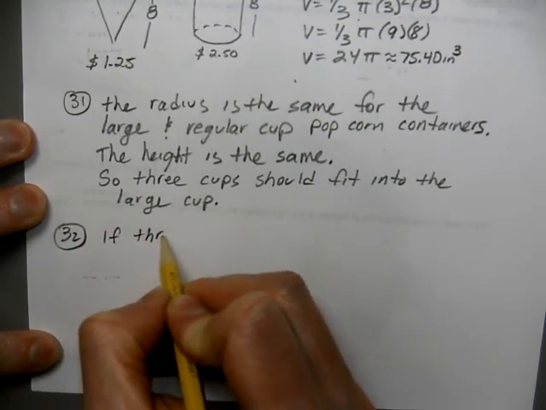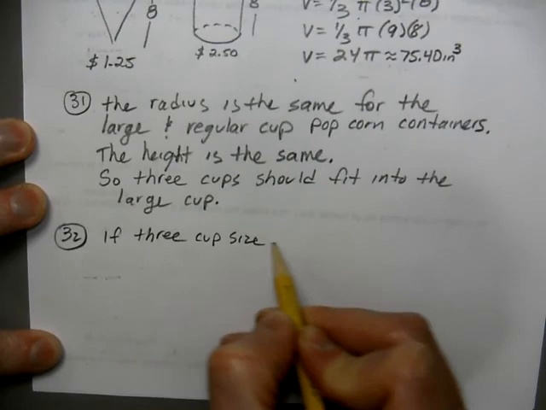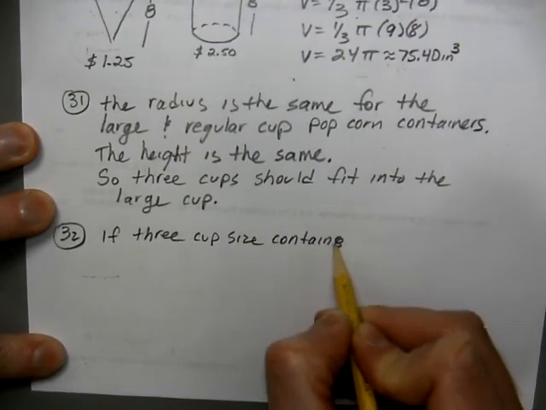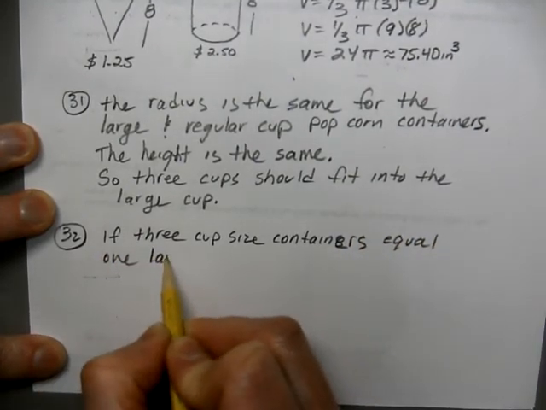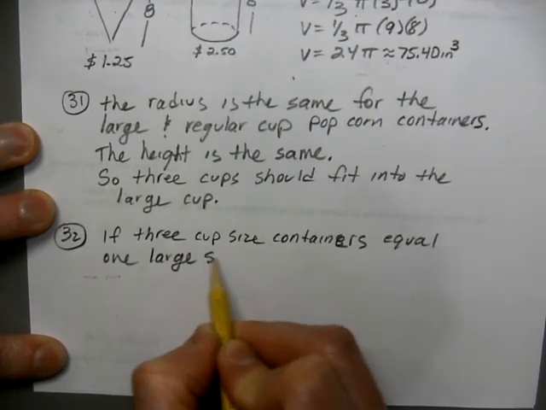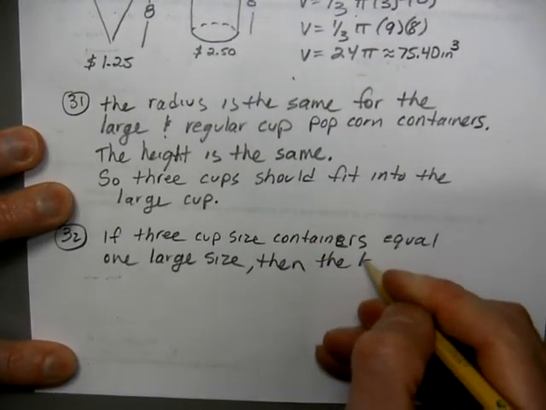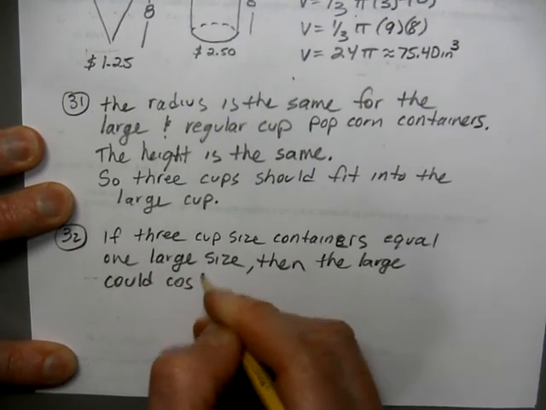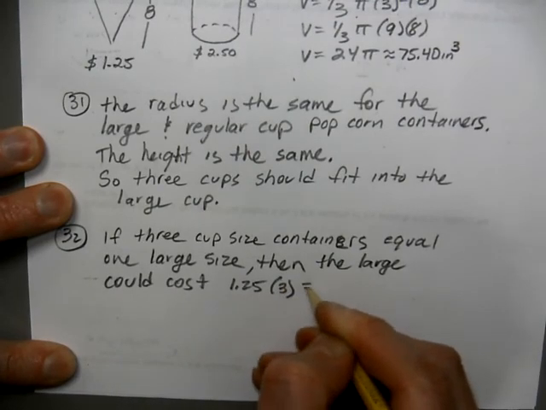If 3 cup size containers equal 1 large size, then the large could cost $1.25 times 3.